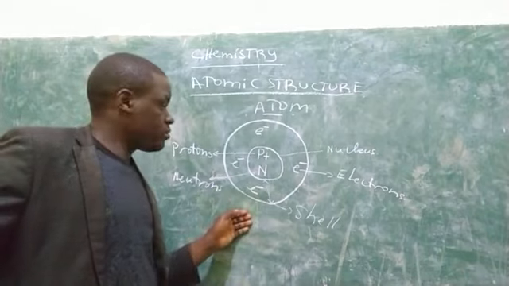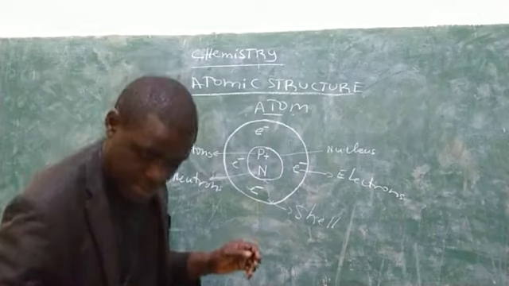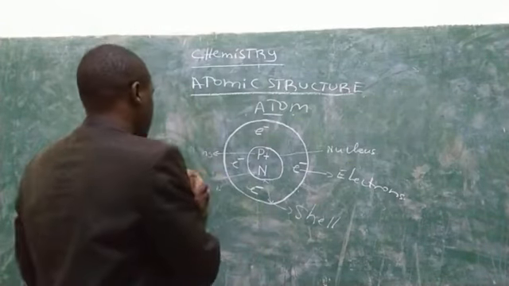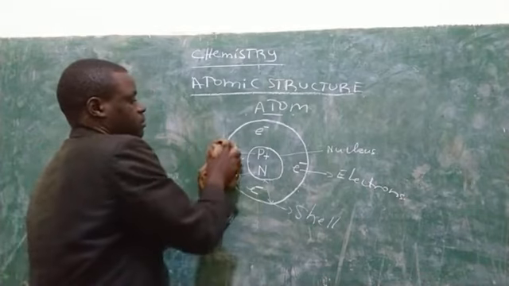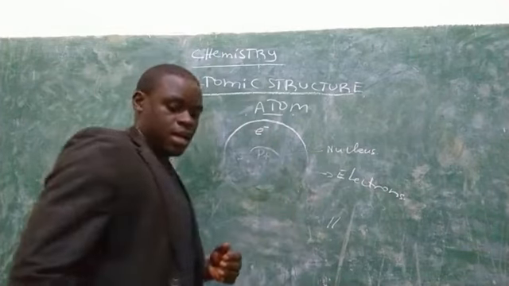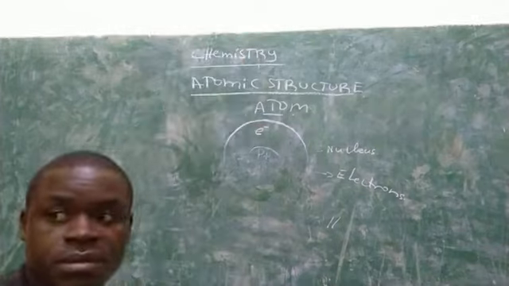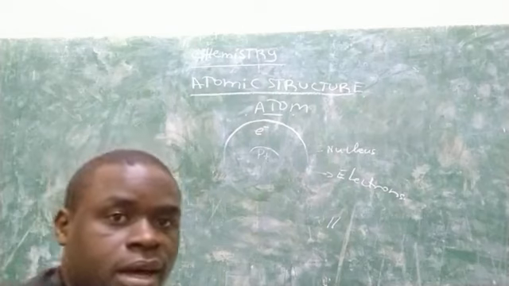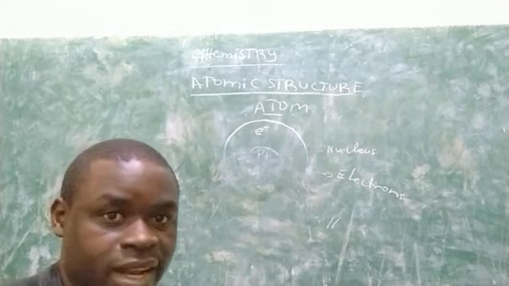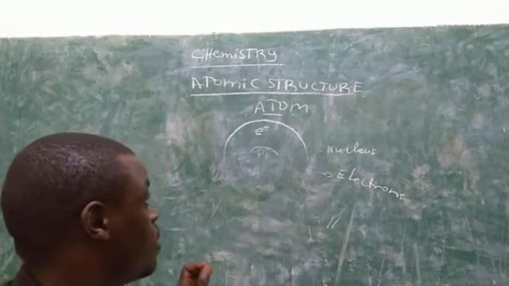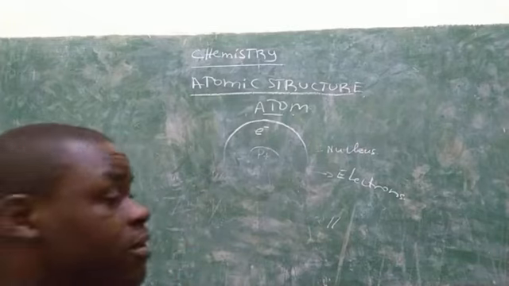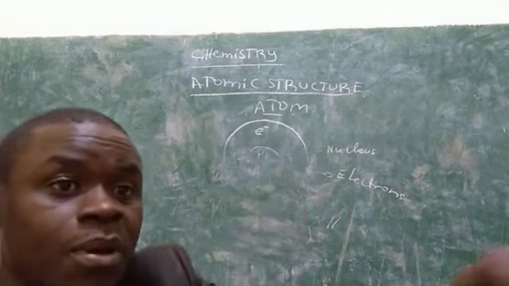Then let me try to remove this. So I can tell you that these are the main parts of an atom. Let me show you the relationship among these properties.